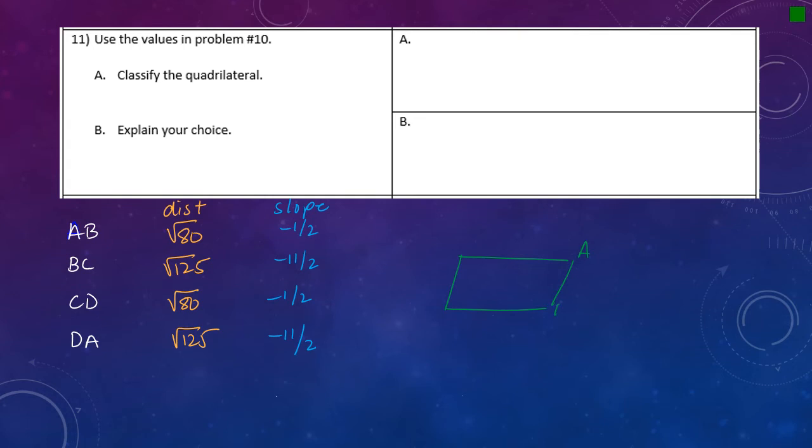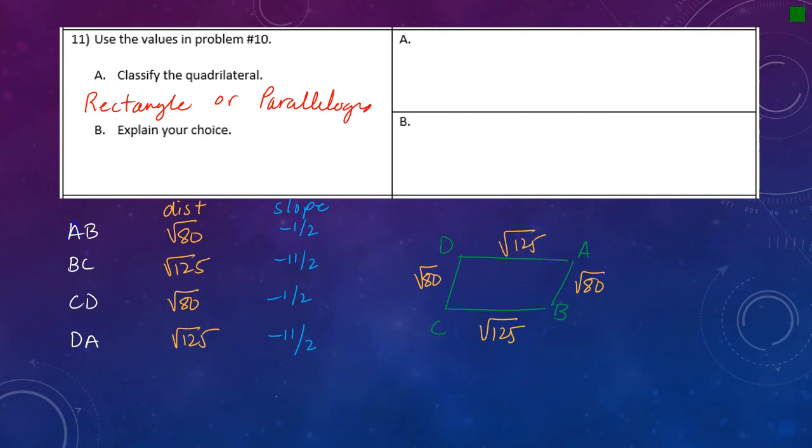I'm going to label A, B, C, D. And then my distances are the square root of 80 on the sides and the square root of 125 on the top and bottom. So I can see that those pairs of congruent sides are opposite from each other. This tells me that I have 2 choices. It's either going to be a rectangle or a parallelogram. So those are my 2 choices based on the distances.